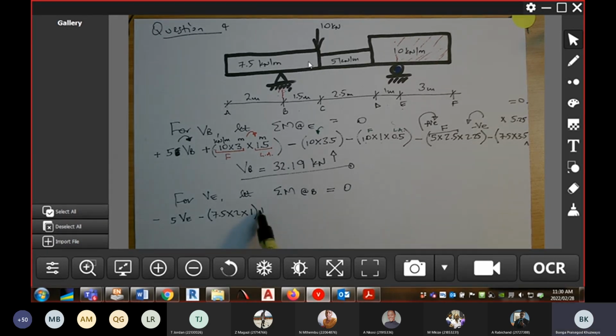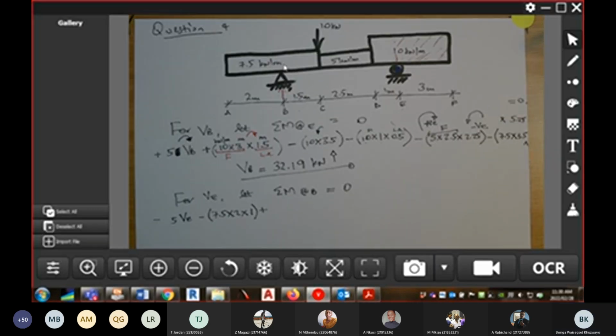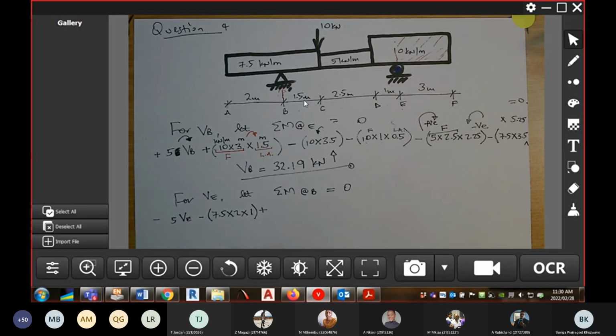So that's plus. So that's 7,5. Is the first one I'm going to look at. So it's 7,5 over a distance of 1,5 meters, and then times the lever arm. Okay, so we need to work out the lever arm for that.